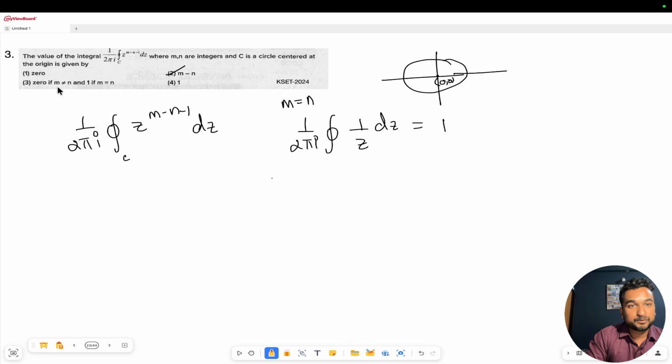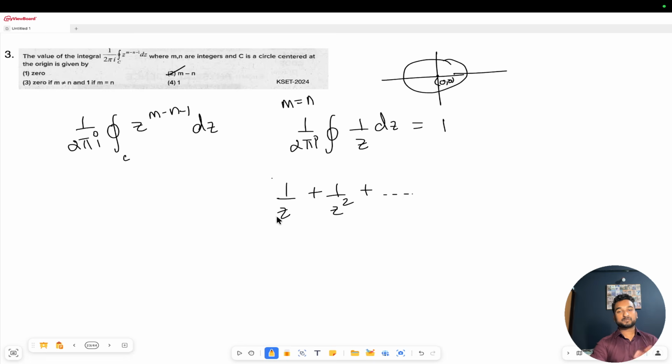It will be 0 if m is not equal to n. If m is not equal to n, that means the powers of z will always be positive. Since the power will always be positive, there will be no negative terms of z. Negative powers means 1 upon z plus 1 upon z square.